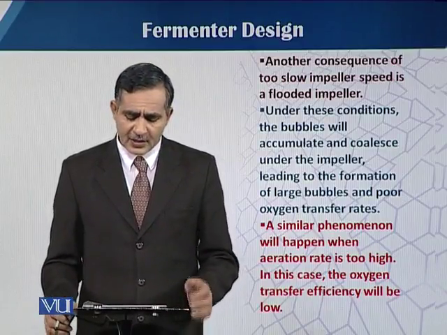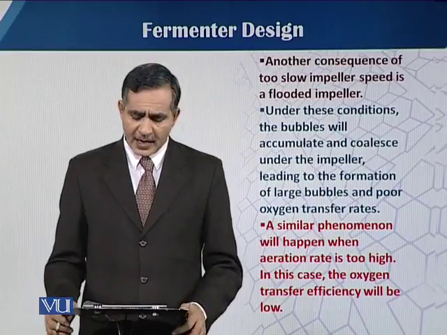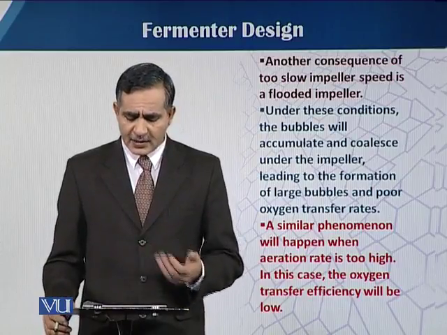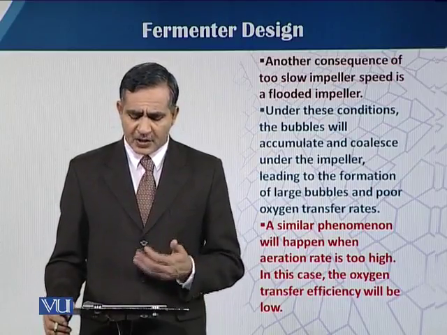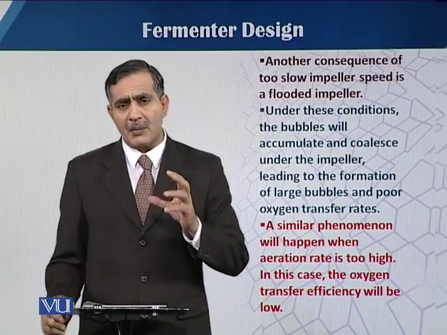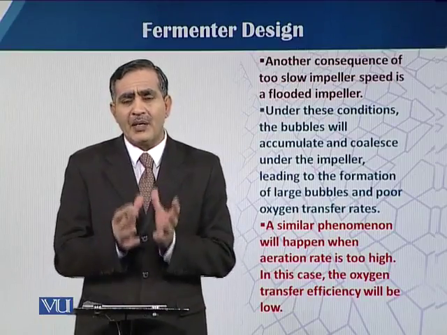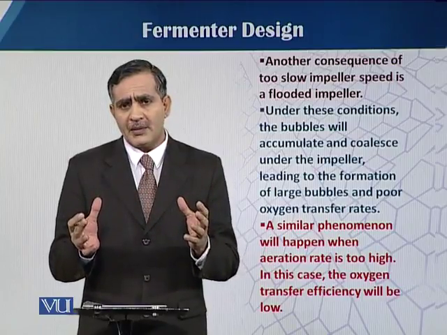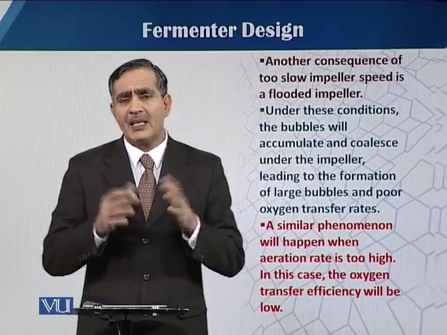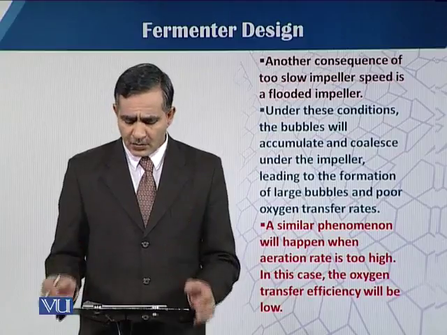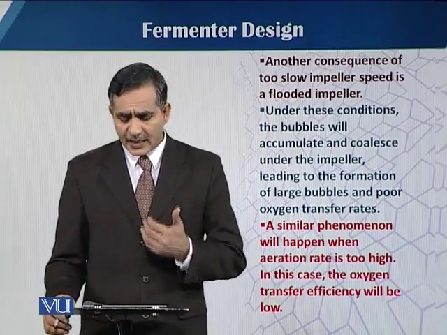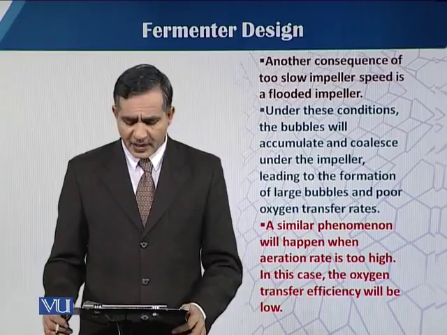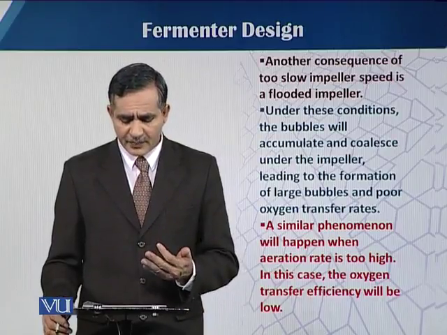Under these conditions, the bubbles accumulate and collapse under the impeller, leading to the formation of large bubbles. The small bubbles aggregate to form bigger bubbles, and with bigger bubbles there is less surface area. A similar phenomenon happens when the aeration rate is too high.